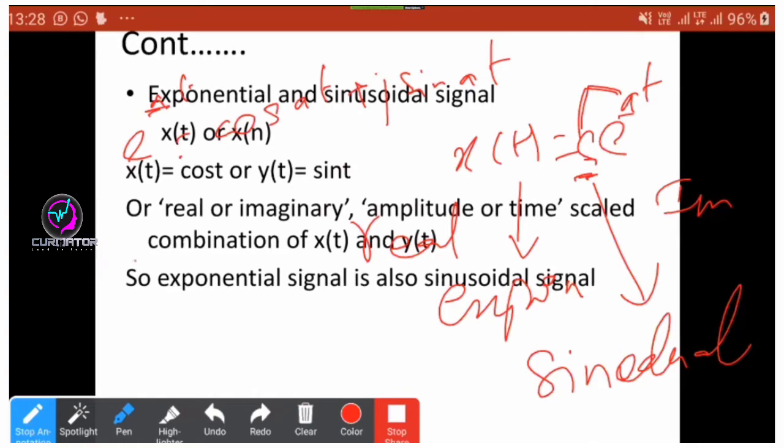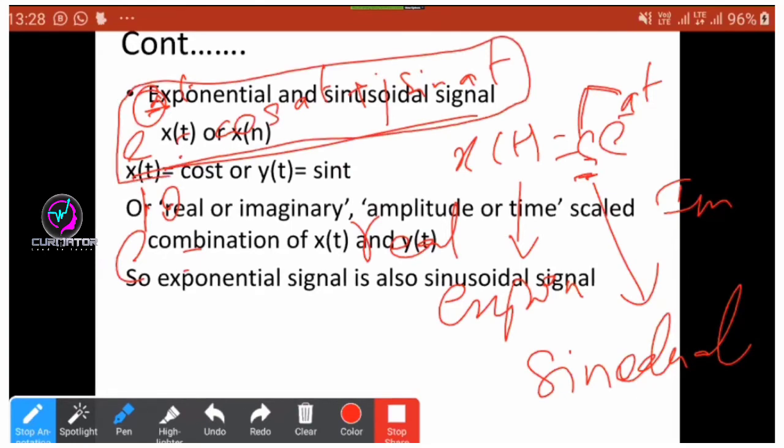E power j theta, we know the formula, it is cos theta plus j sin theta. Same way, if we have an imaginary value for a, this signal will be sinusoidal.